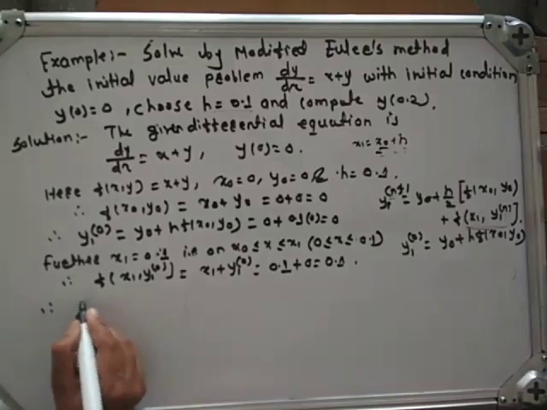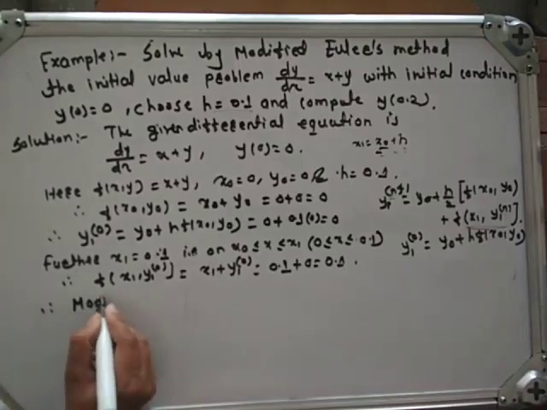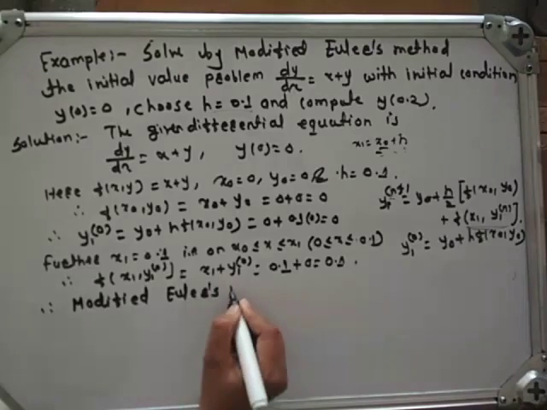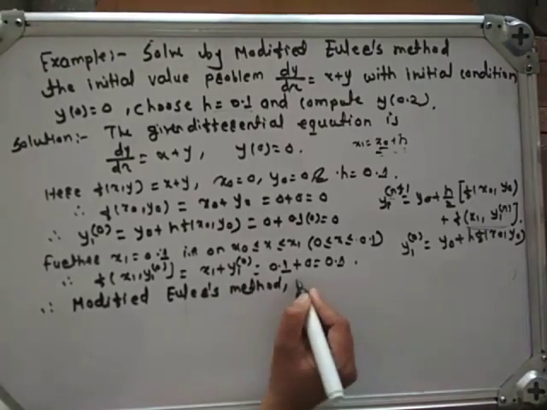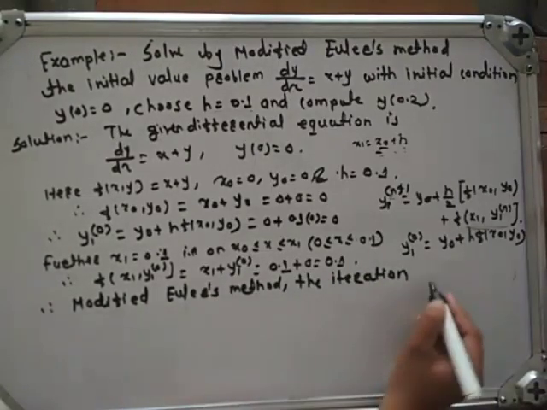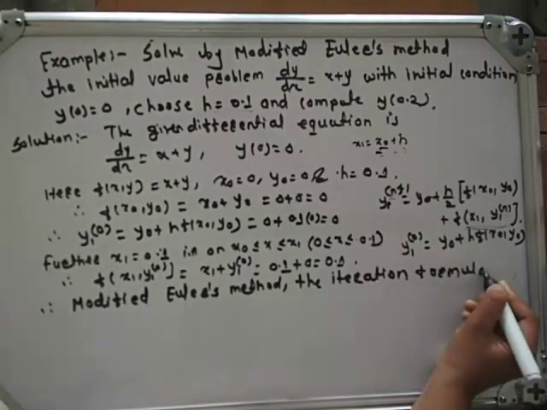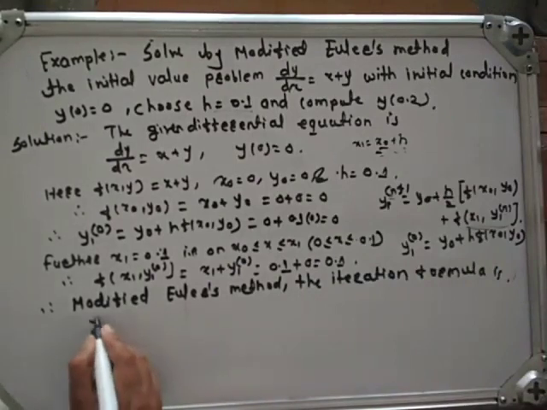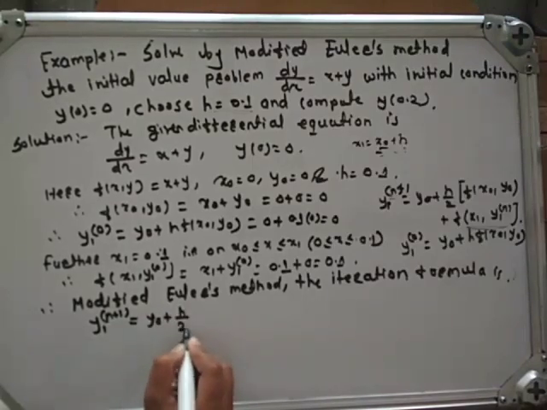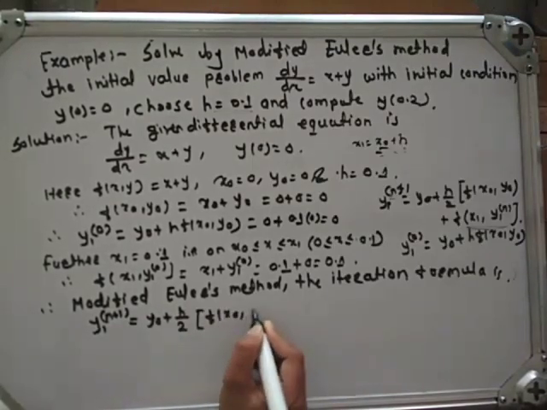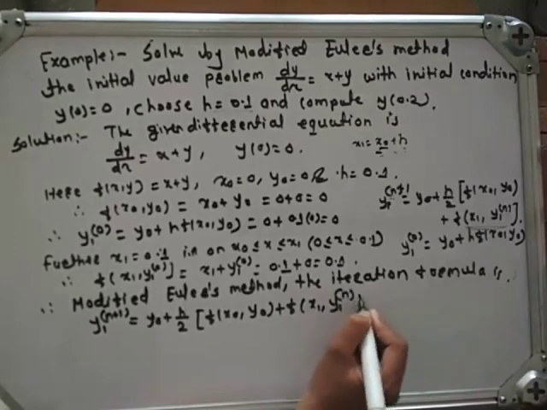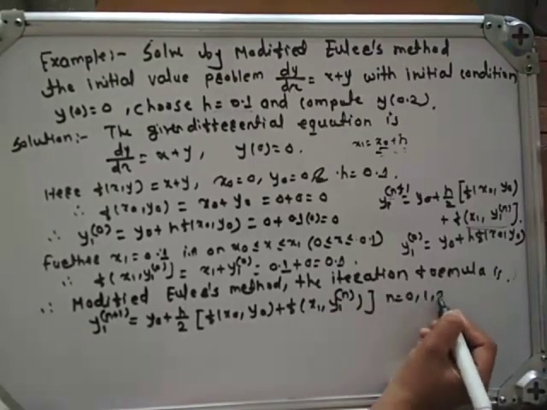Now use the modified Euler's formula. By the modified Euler's method, the iteration formula is y1 (n+1) is equal to y0 plus h by 2 into f of x0 comma y0 plus f of x1 comma y1 (n), where n runs from 0, 1, 2 and so on.